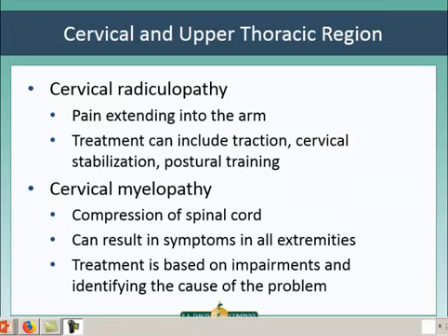And finally, our last two diagnoses, cervical radiculopathy and cervical myelopathy. Cervical radiculopathy occurs when a patient has pain that extends into the arm. It can be referred pain from a result of many different conditions.